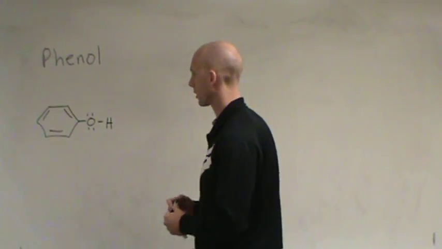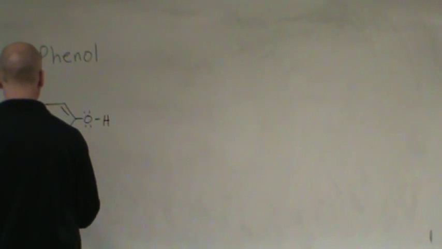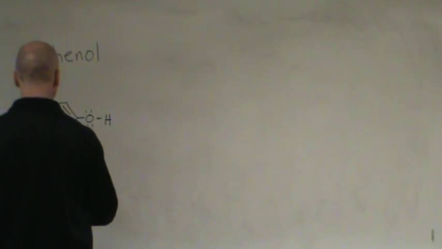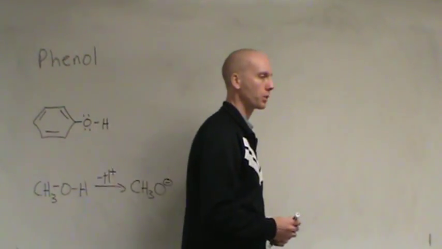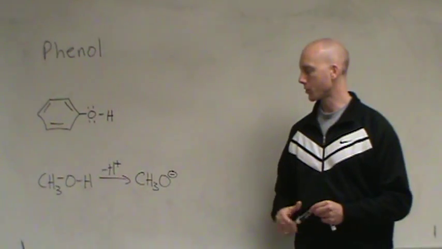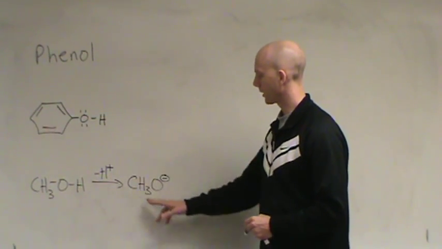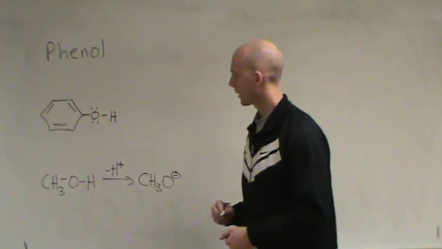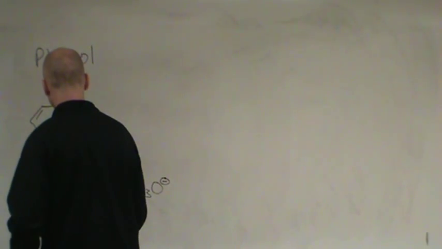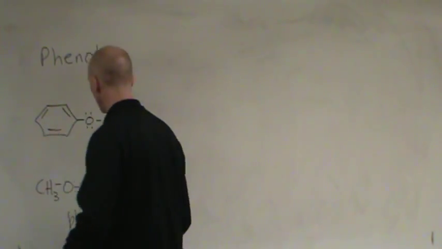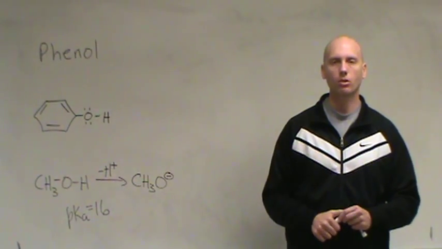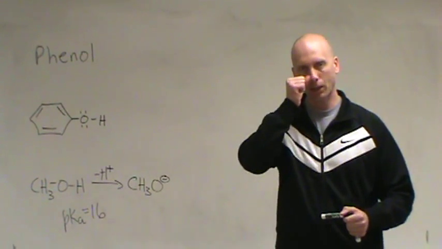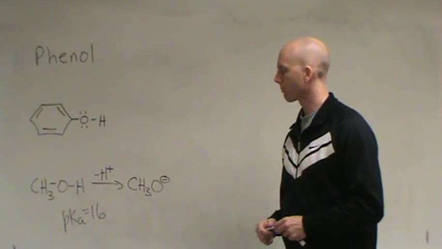Recall that regular alcohols, in order to lose their hydrogen to become this alkoxy ion, have pKa's around 16 or so. So not very acidic at all. We would have to have a pretty good base in order to remove those hydrogens.